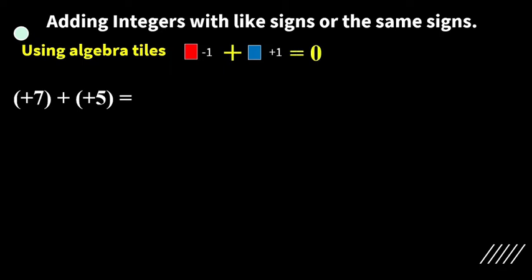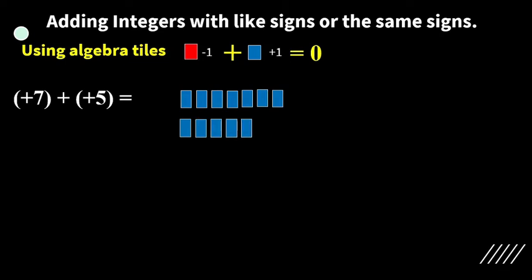So here, we are adding positive 7 and positive 5. Therefore, we will be using only the blue tiles, since we assume that blue tiles are equal to positive 1. So, positive 7 will be 7 blue tiles, plus positive 5, another 5 blue tiles.